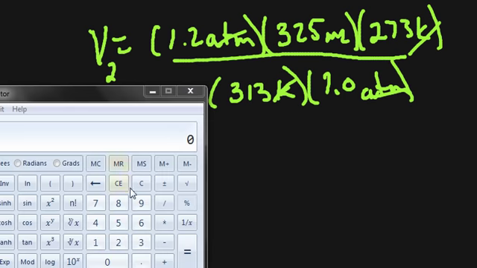And so we pull out our calculator and we do 1.2 times 325 times 273 divided by 313 divided by 1.0. Remember, I like to divide by my things separately so as to not confuse the calculator.